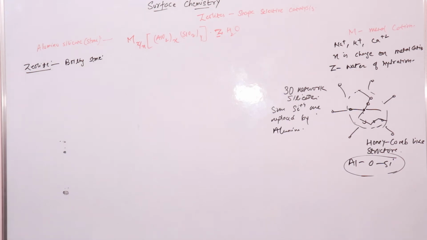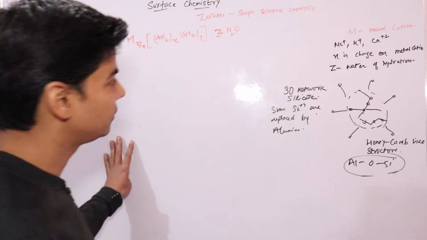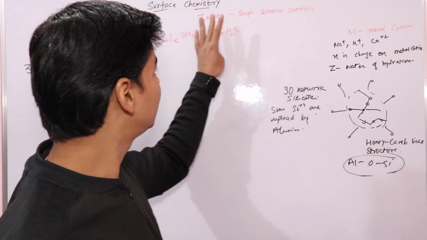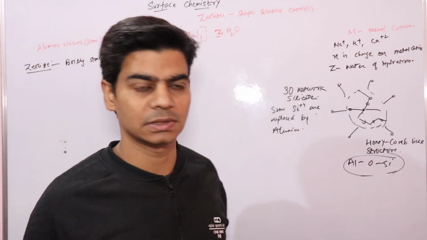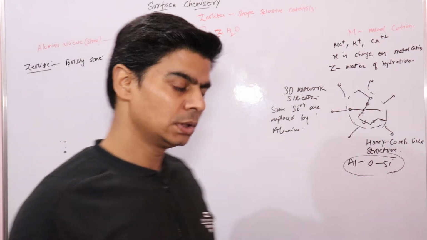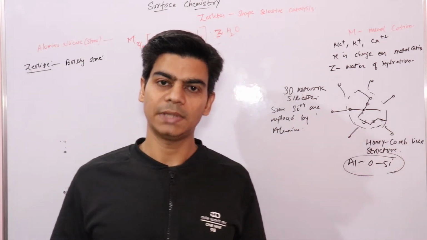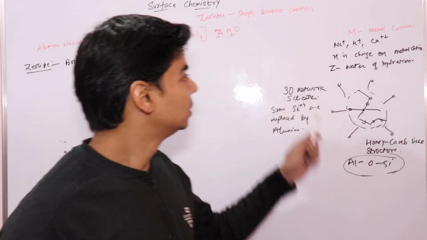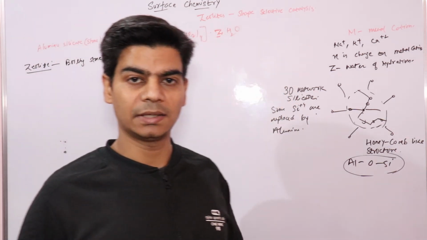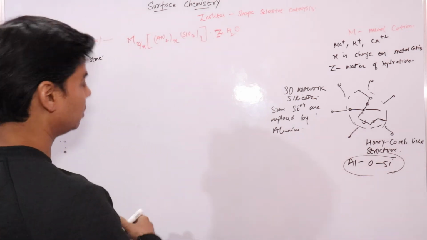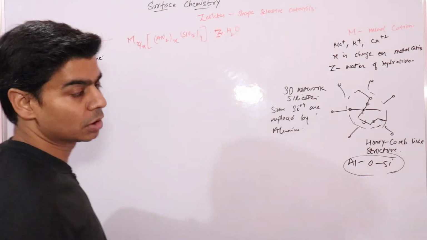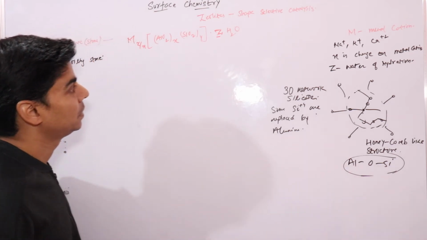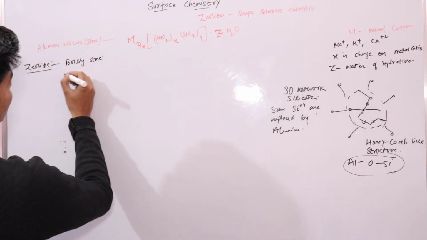Now the most important thing about these zeolites is that we are studying catalysis and we are saying these are shape selective catalysts. So if you want to use these zeolites as catalysts, the first thing we need to do is remove the water molecules.